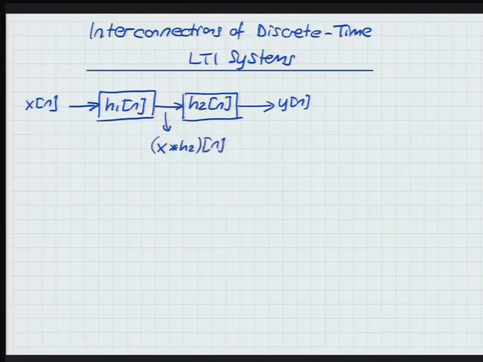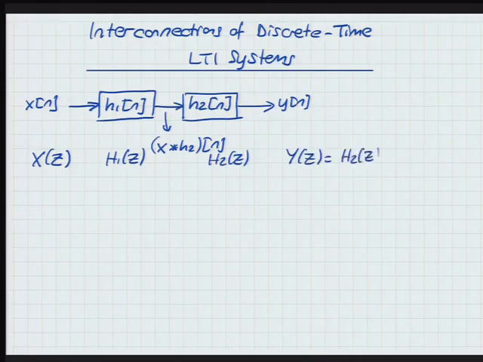But the nice thing about Z transforms is that you forget about all of this. Convolutions go away. So this becomes X of Z. This becomes H1 of Z, the transfer function of the first. This becomes H2 of Z. And then Y of Z is the product H2 of Z times H1 of Z times X of Z, right?